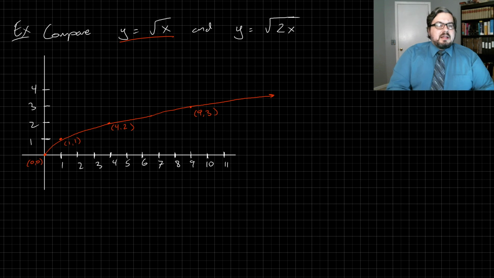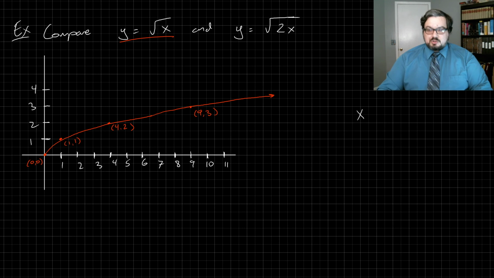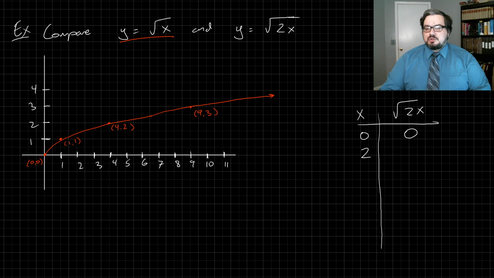So now let's find some points that are on the graph of y equals the square root of 2x. So if x is 0, the square root of 2x is 0. Now we can try and be clever about this. If x is 2, then the square root of 2x becomes the square root of 2 times 2, which is the square root of 4, which is 2. So that gives us another point on the graph. Let's see, if x is 1, then we get the square root of 2.